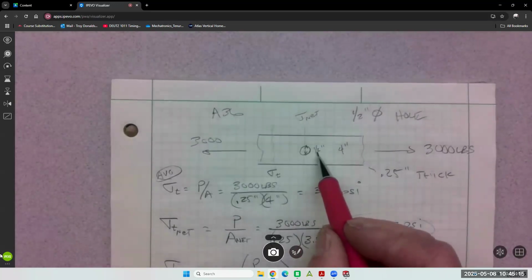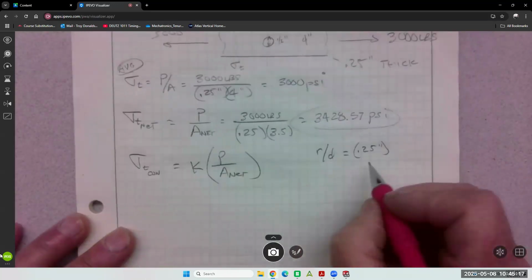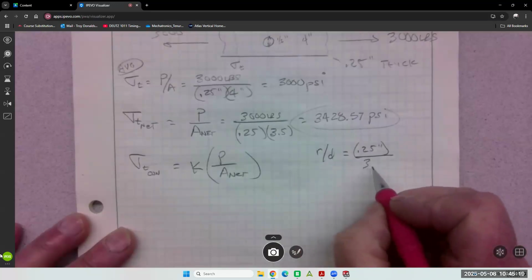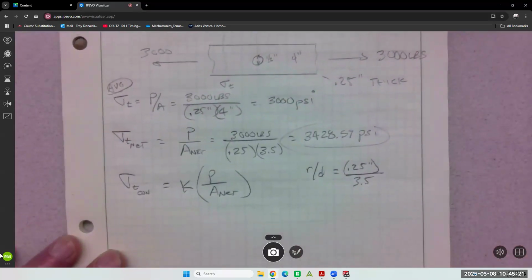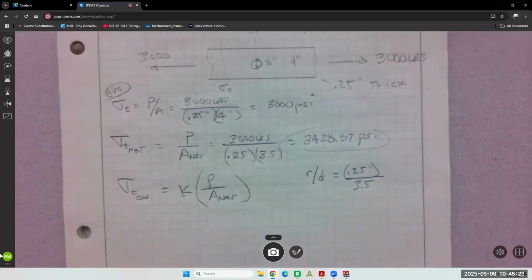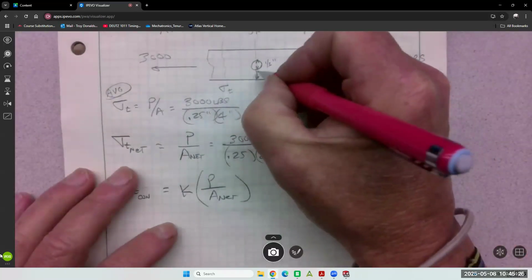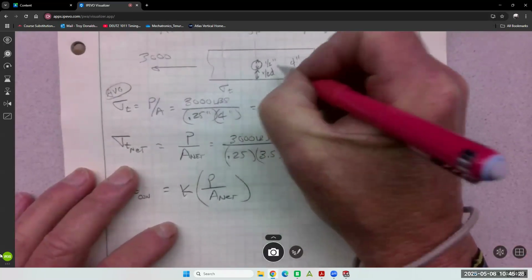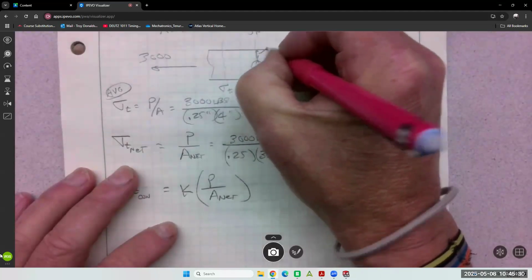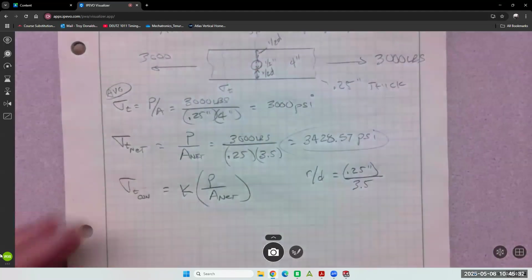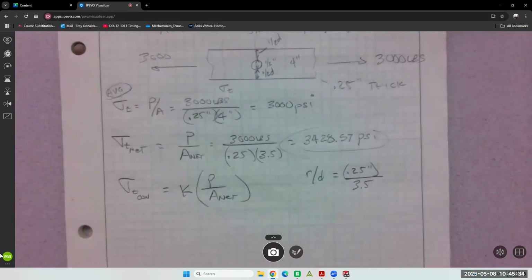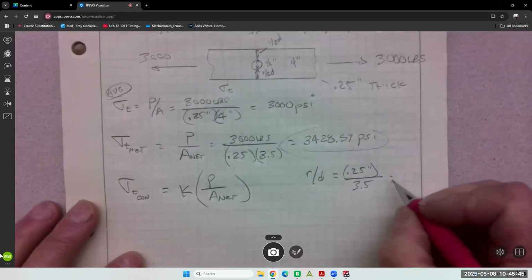It's half of my half. And then divided by the distance, which is 3.5. I don't love the way they put that, but you can kind of get a grasp on it. Does that make sense?